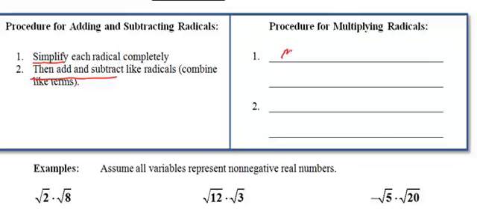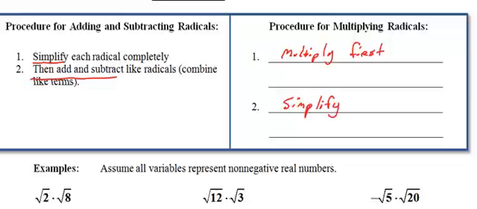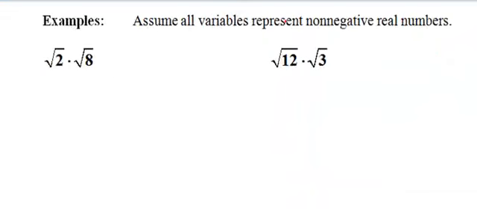We are going to multiply first. Then we're going to simplify. Now, if you were to simplify before you multiply, in the end, you'd have to simplify again, so you're going to do extra simplifying. We're going to assume all variables represent non-negative real numbers.